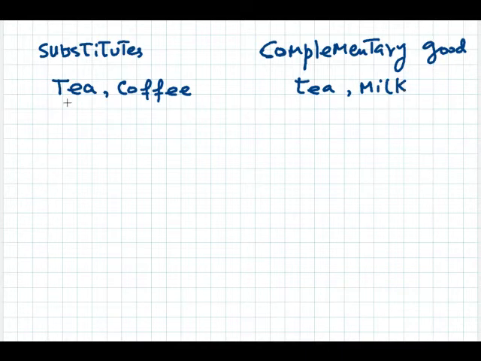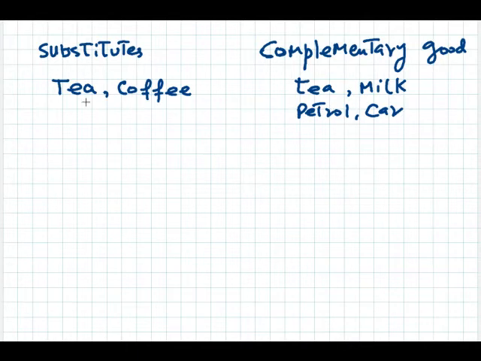Substitutes mean one commodity can be used in place of the other commodity, whereas complementary goods mean two commodities complete the process. Tea and milk, petrol and car, these are different examples of complementary goods.